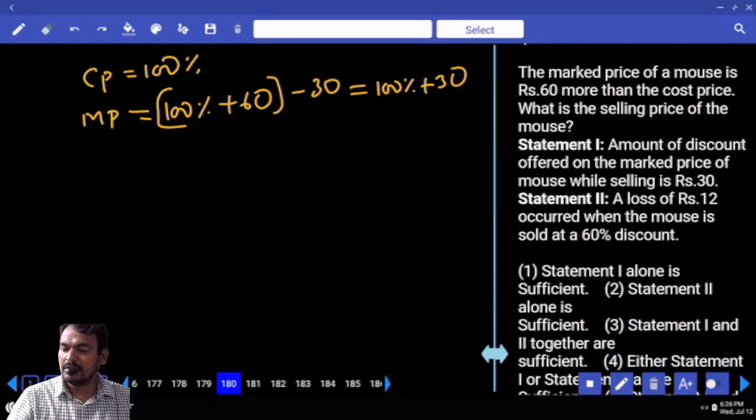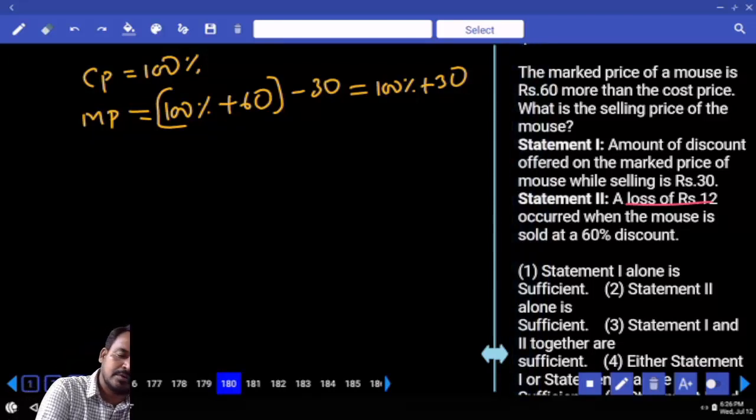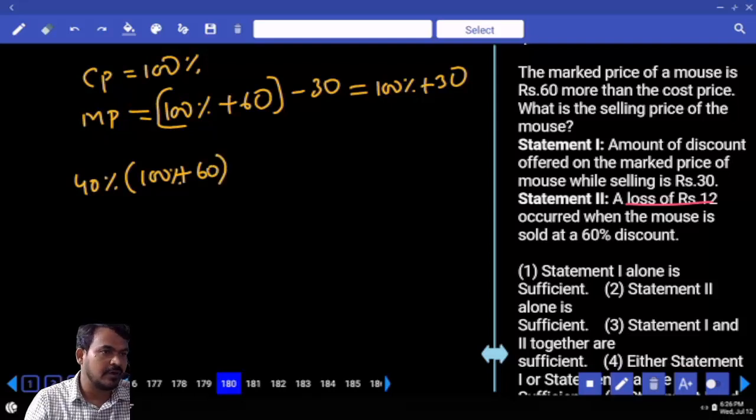Or the second one, a loss of 12 rupees occurred when the mouse is sold at a 60% discount. Loss of 12 rupees, but it is sold at 60% discount. 60% discount means selling price is 40% of market price. The market price here is 100% plus 60. 40% of 100% plus 60, that is the selling price.